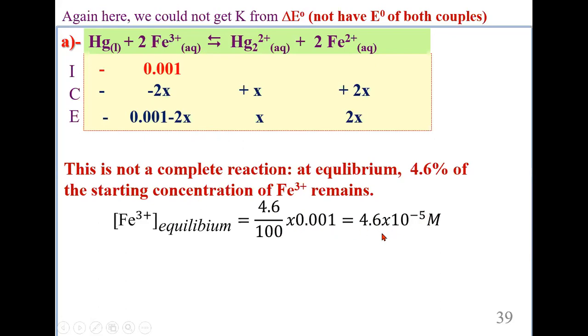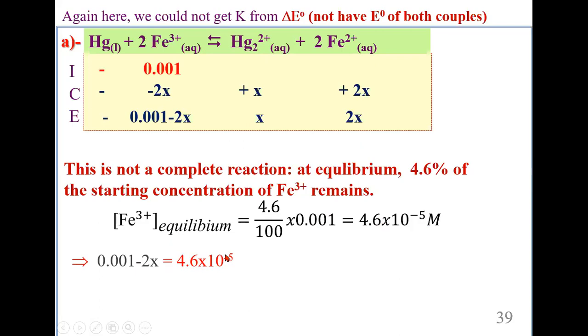So they're giving me the amount remaining, but in the form of percent. Again, here they didn't give us volumes. They gave you initial concentrations, so you don't have to use volumes.